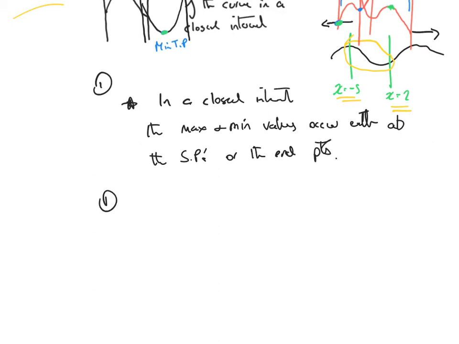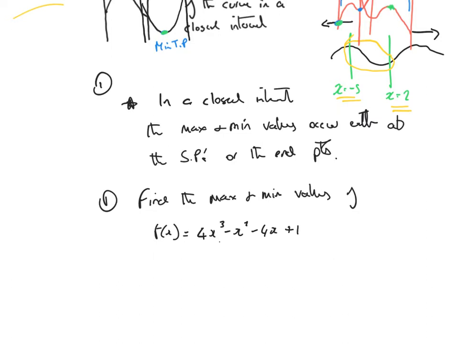Okay, let's get into that example 1. We're going to find the max and min values of f of x equals 4x cubed minus x squared minus 4x plus 1 in the closed interval minus 1 is less than or equal to x is less than or equal to 2.